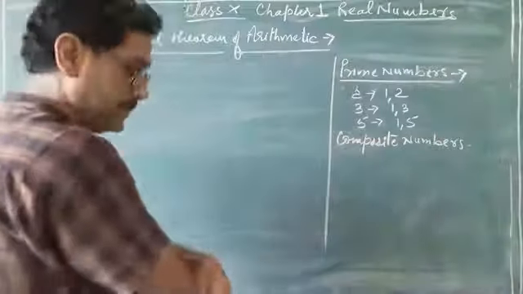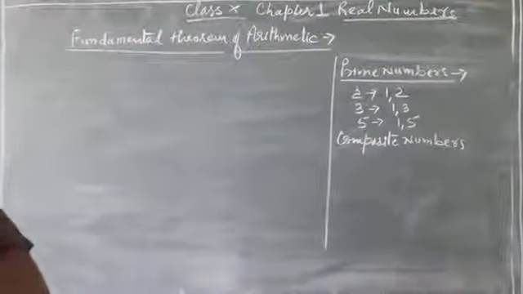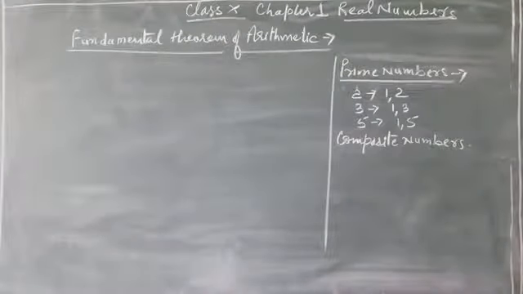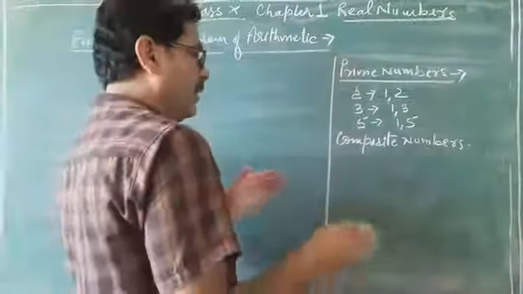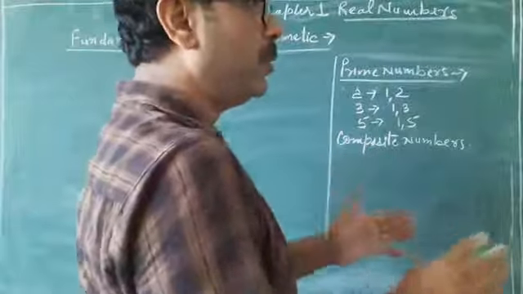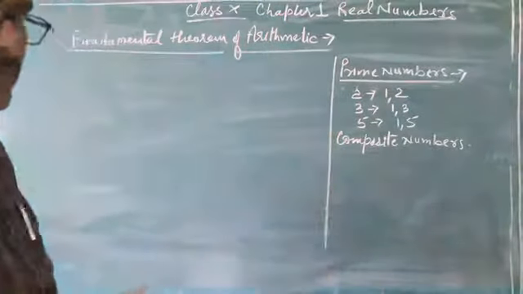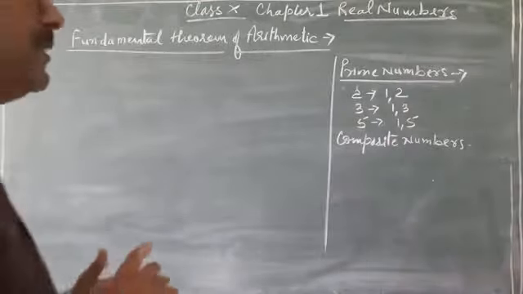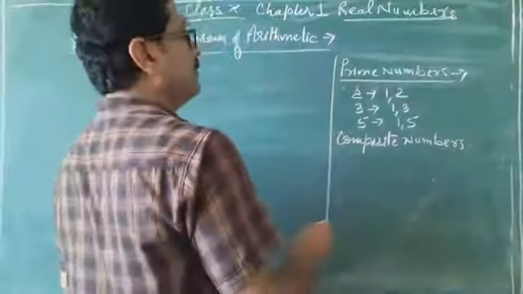Otherwise, it is not a composite number. In other words, if a number has more than 2 factors, then it is called a composite number.